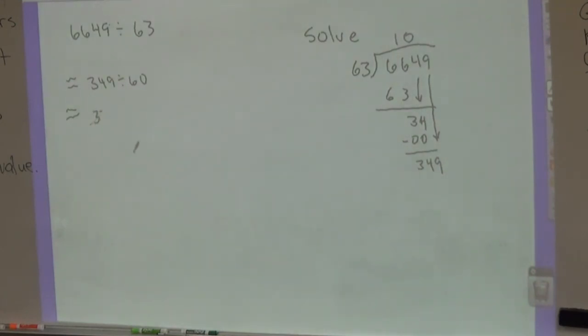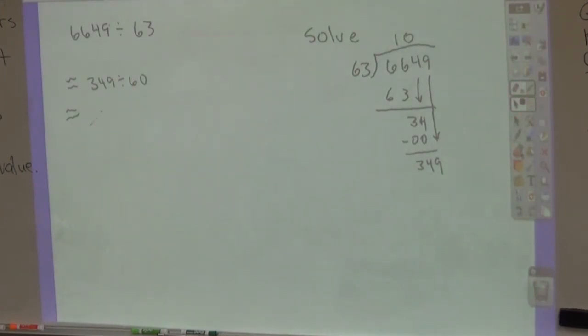Oh, wait a second. What do you divide 6 by to get 33? 6 times 6 is 360. 340 won't work either. 300 would work.